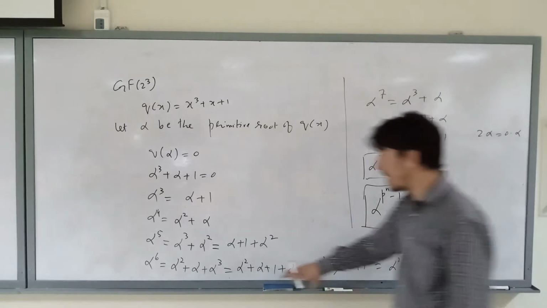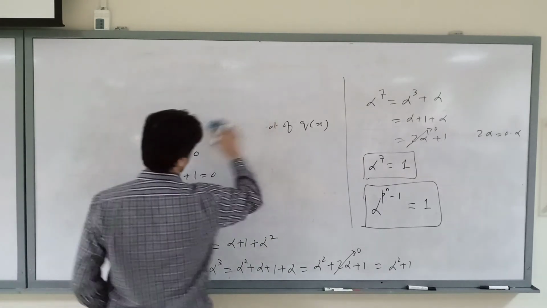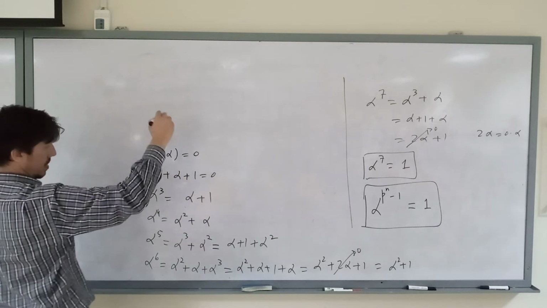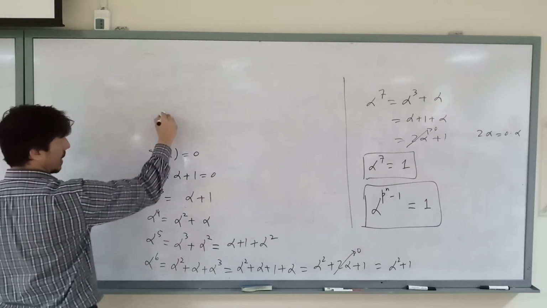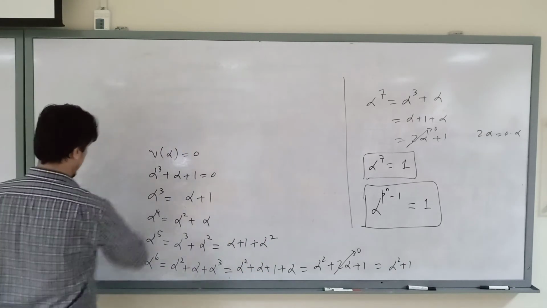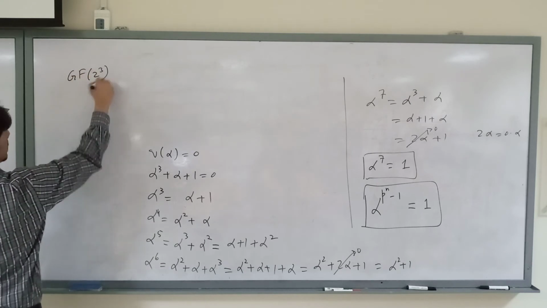Base may be anything. Okay. So how many elements are there in GF2 raised to power 3? 8.